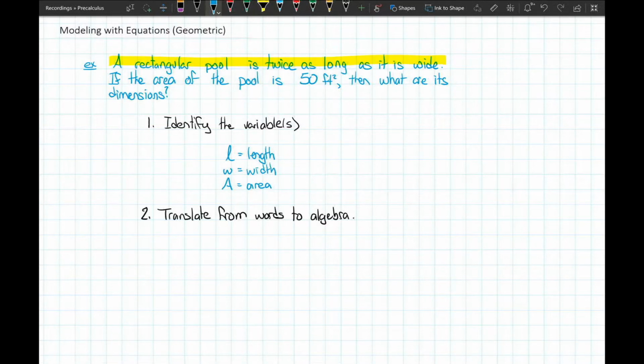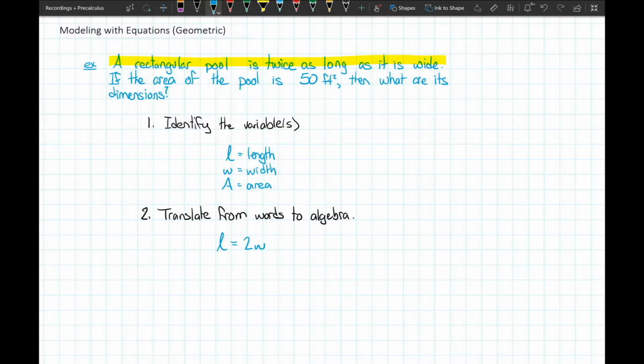And that particular sentence is actually an equation. A pool is twice as long as it is wide. The length is going to be twice what the width is. Thus length is double width. So that's just doubling is multiplying by 2. Length is equal to 2 times width.